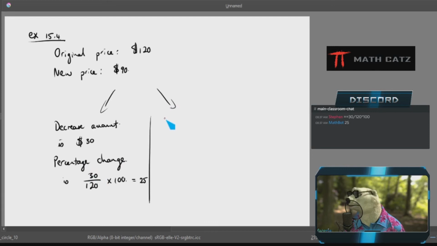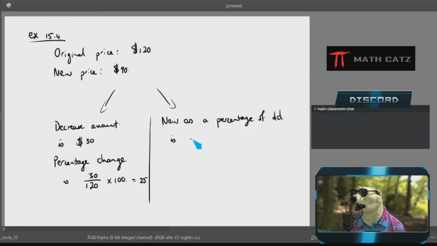Or you can also just take the, let's say here, new as a percentage of old. It's always relative, new relative to old. Then that would be 90 relative to 120, so over 120, and we make that a percentage.